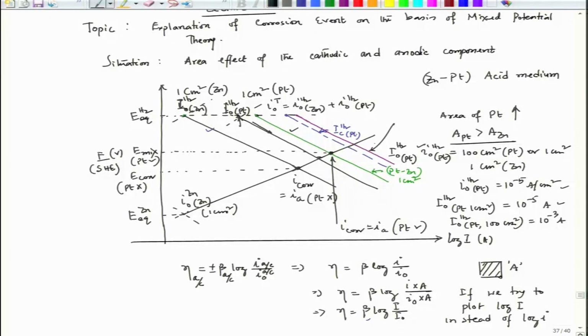So, this line is nothing but I total C equal to IC hydrogen over platinum of 100 centimeter square plus IC hydrogen over zinc.